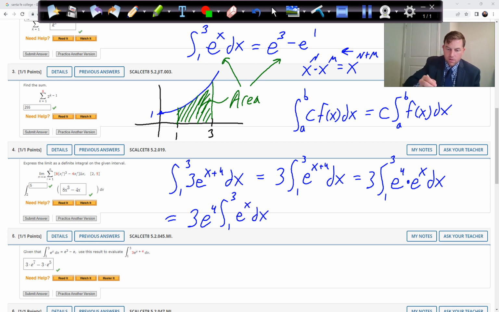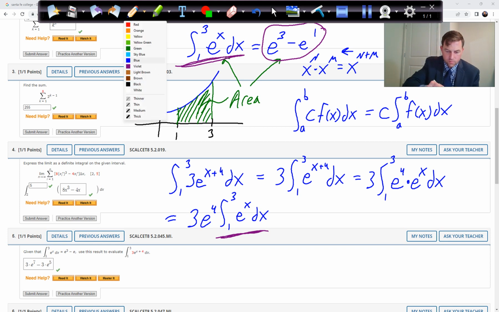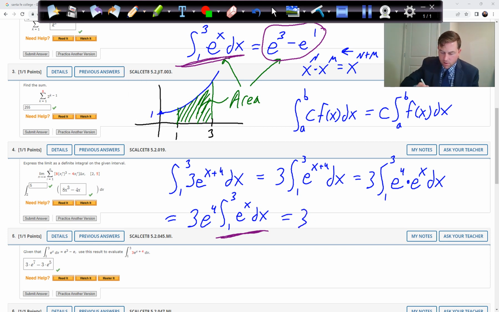And now these look exactly the same, e to the x dx, e to the x dx, so I can replace that with this, which is just a number. You can get it on your calculator. So this is going to be 3e to the fourth times, replace the integral symbol, the 1, the 3, the e to the x, the dx, with e to the third minus e to the 1. And we're going to distribute this into both terms.